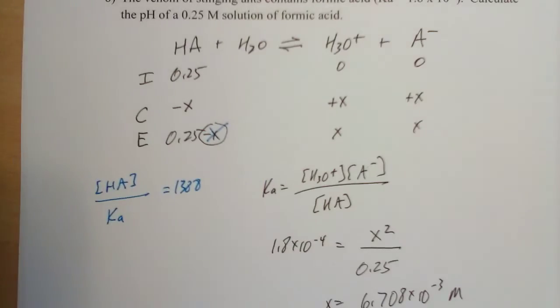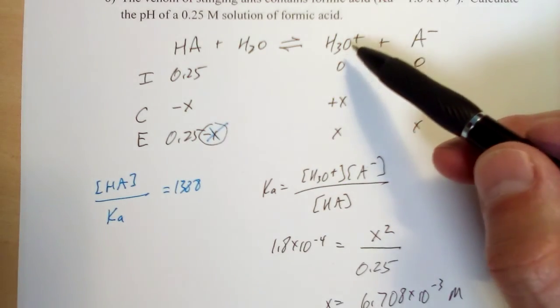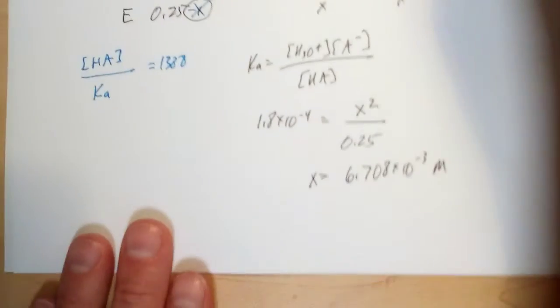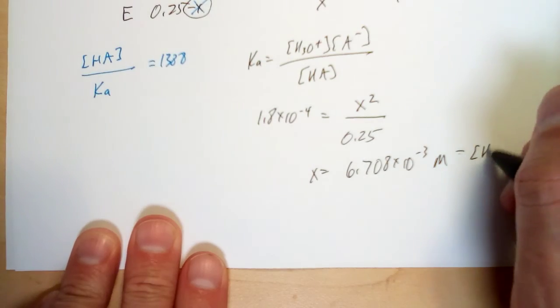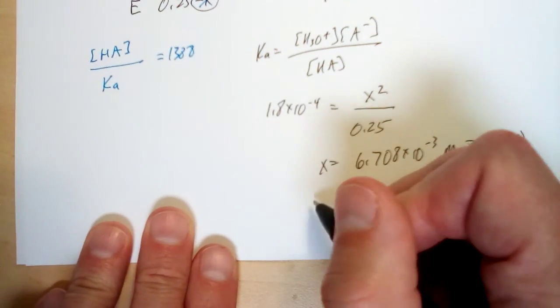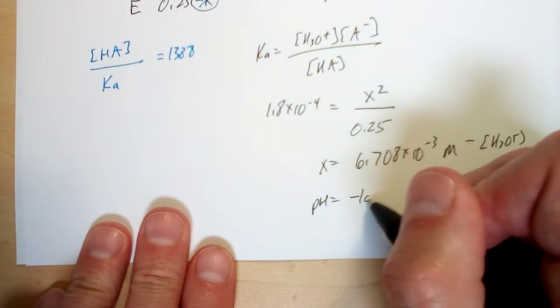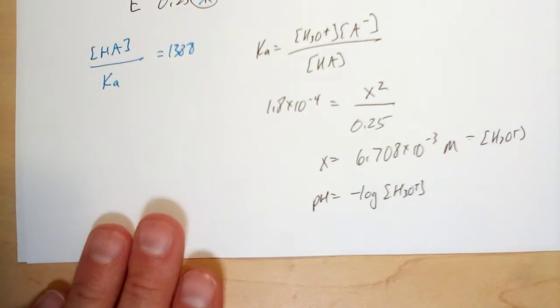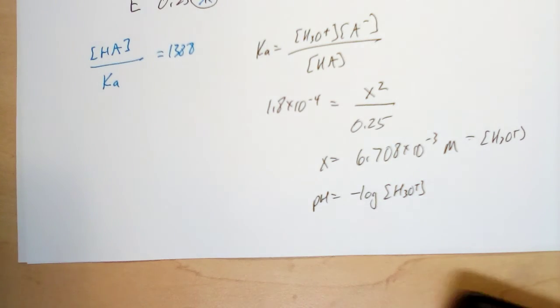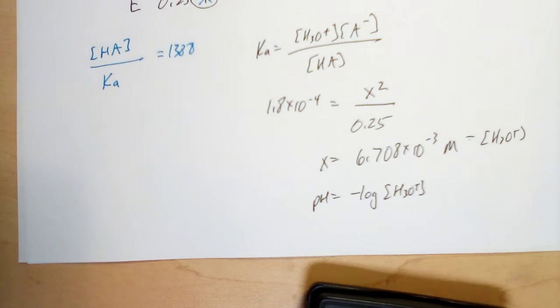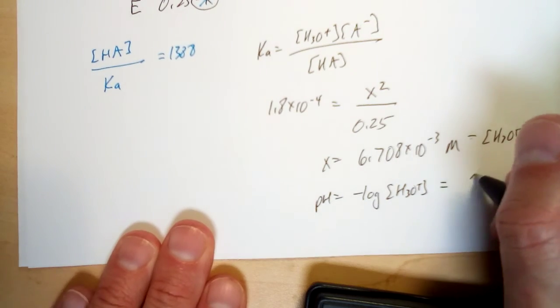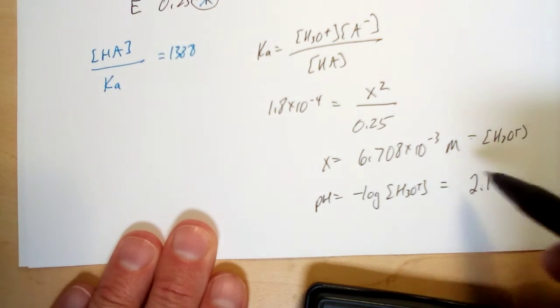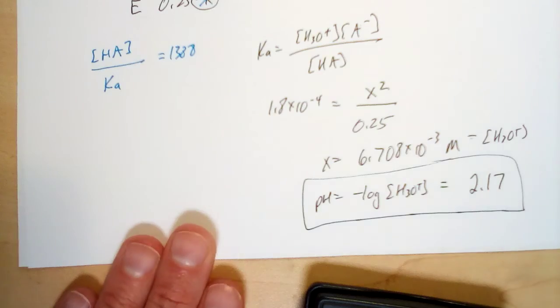Now, based on our ice chart, x is hydronium ion concentration. So we can use this hydronium ion concentration to calculate our pH, since pH is the negative log of the hydronium ion concentration. I think that number is still in my calculator, so I'll just take my log, and then I'll change the sign, and the pH here is 2.17, and that's our answer.